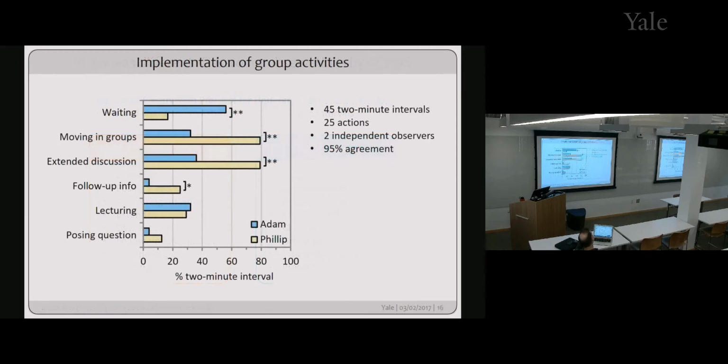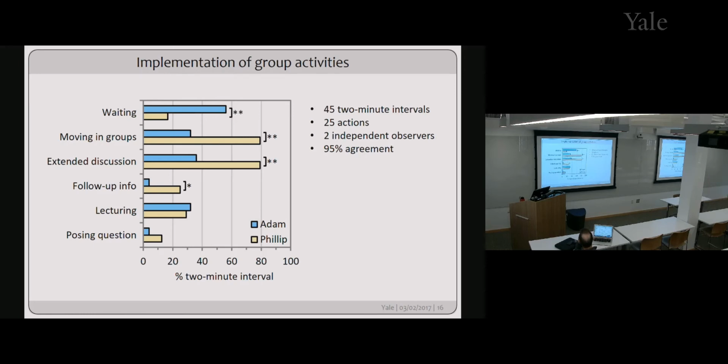What we found is a difference in the implementation of group activities between Adam and Philip. For about 60% of the 2-minute intervals, Adam spent some or all of the time waiting. He spent a lot of time at the podium, whereas Philip spent most of the time walking around the groups and having extended discussions with them.